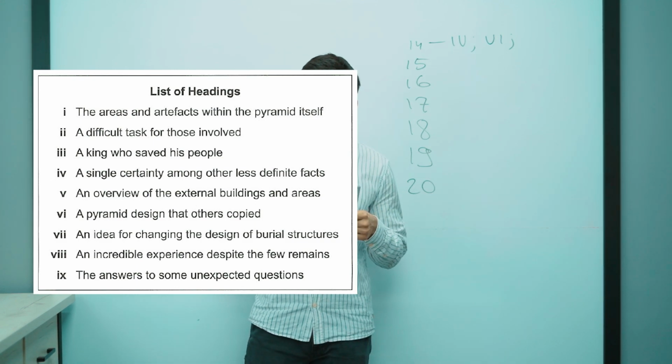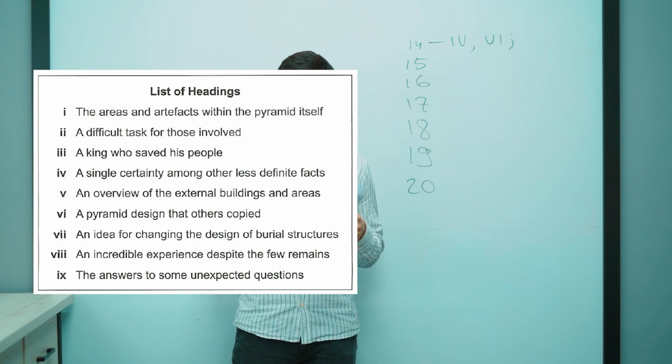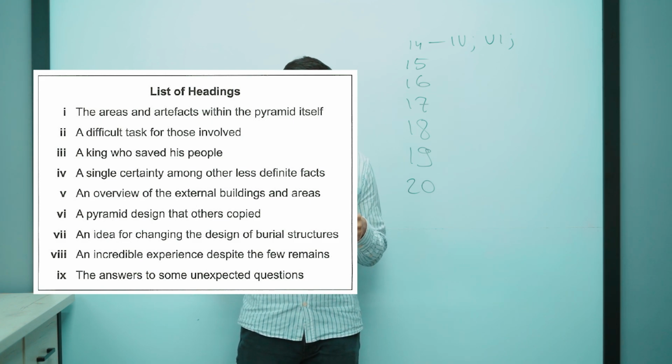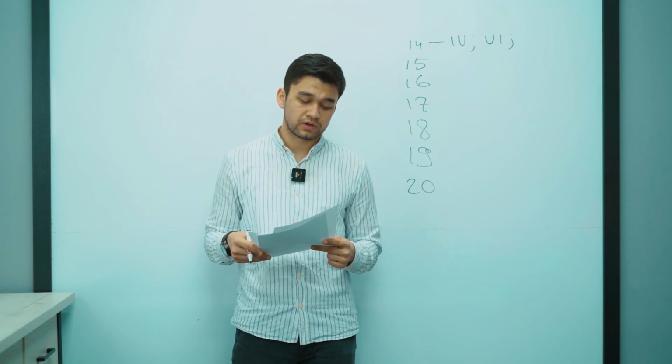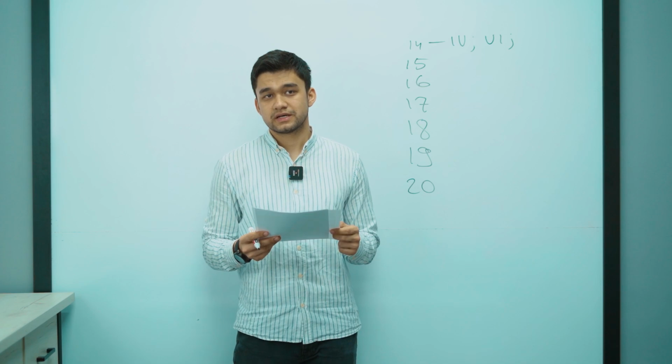"An idea for changing the design." Nothing about changing the design. "An incredible experience despite the few remains." No. The answer to "some unexpected questions" is also no here. And as you can remember, you never stop at one type of question, you also analyze the second type of questions.